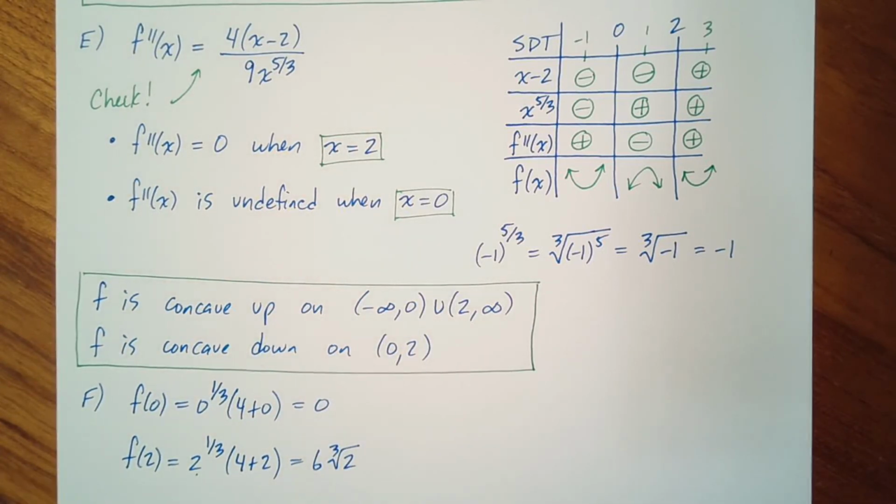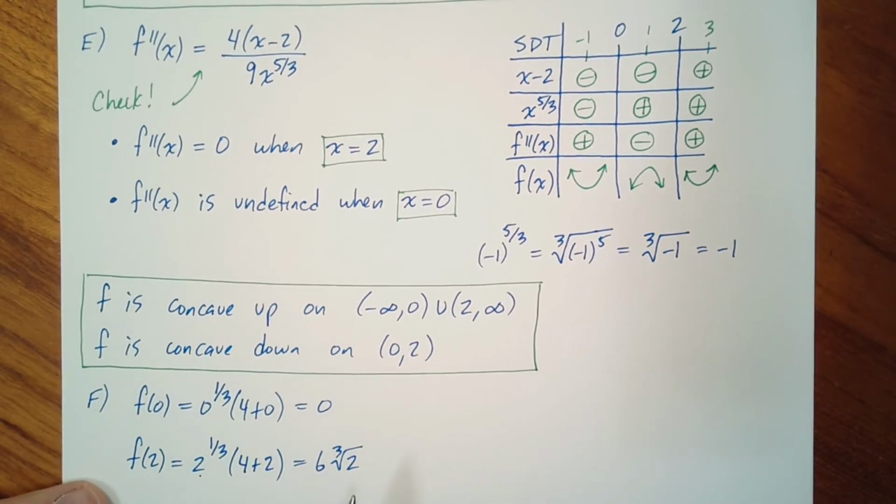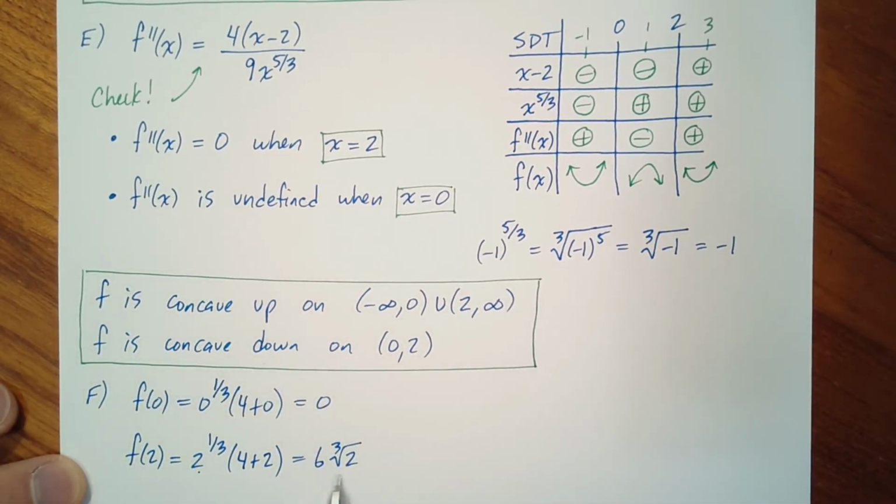So don't plug that in to your calculator at this stage. Don't round it off. We want exact values. Even though our sketch is just a hand-drawn sketch, we still want to keep all our values exact, and we're not going to make any claims that are false. So we still want to pay very careful attention to detail. Okay, so leave this as 6 times the cube root of 2. You can't simplify it any more than that, so we'll just leave it be.